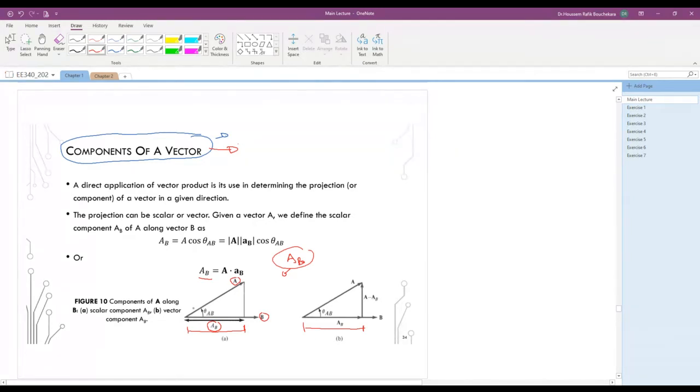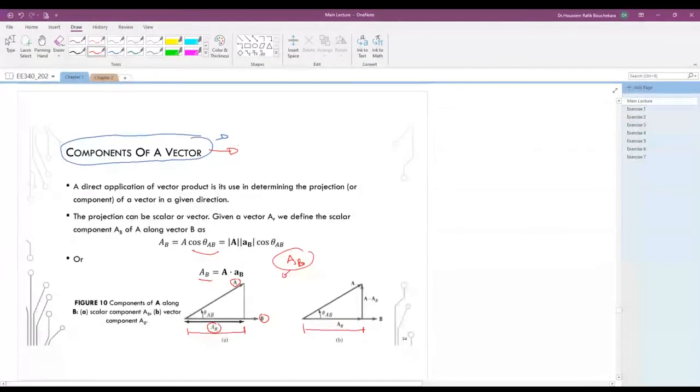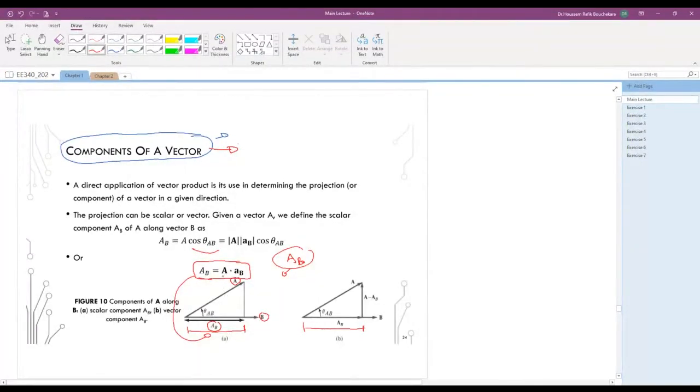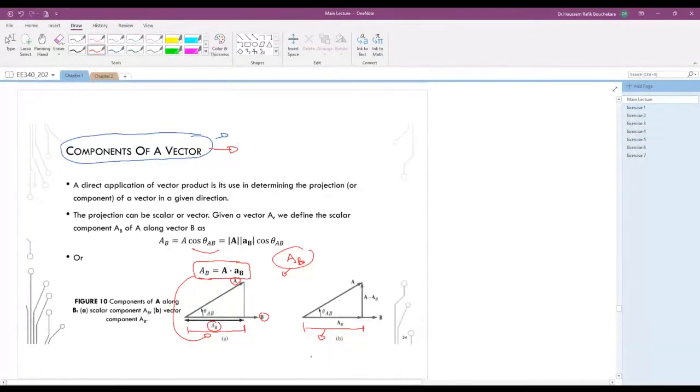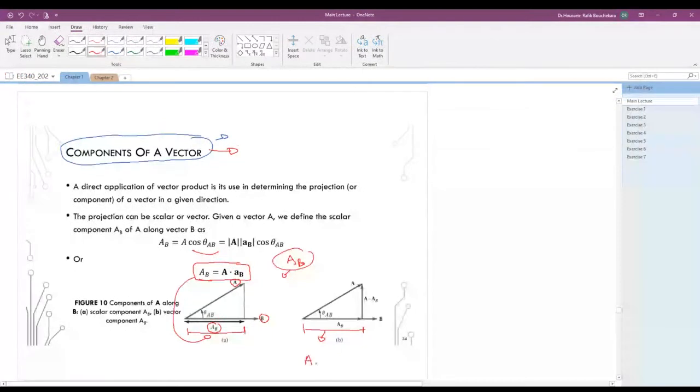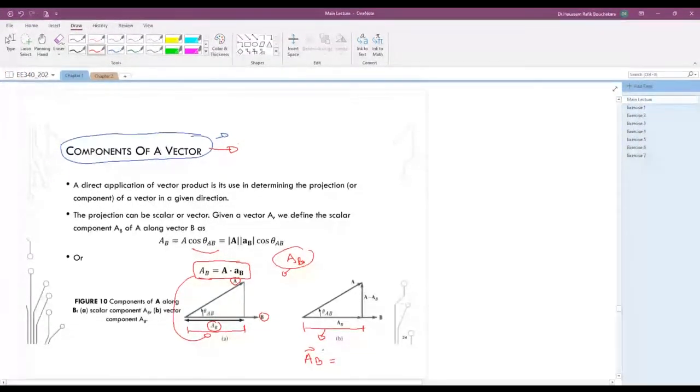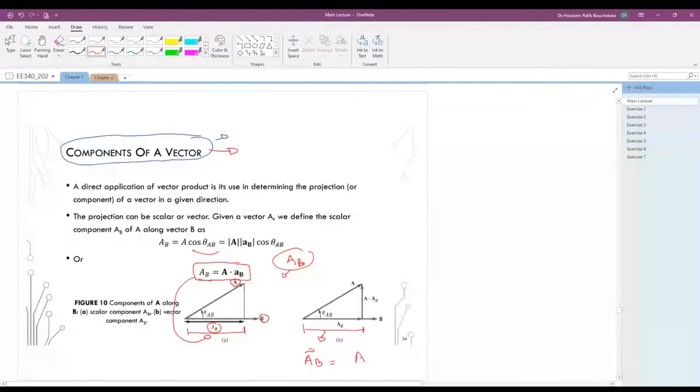Now, for the projection, we know we have to multiply by cosine theta_AB to get the projection. So this component, A_B, is A dot the unit vector of B. As a scalar, it is the magnitude, A dot a_B. And for the vector, multiply it by what? Multiply by a_B, the unit vector.